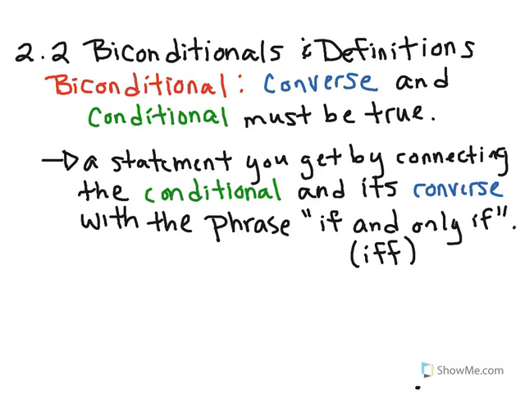A biconditional statement is a statement that you get by connecting the conditional and its converse with the phrase if and only if, which we happen to know a little shorthand for, and it's this right below, IFF. So you don't have to write out the entire phrase if and only if. You can simply write IFF and I know exactly what you're talking about. The next thing we're going to do is look at an example to see exactly how this biconditional statement is written.